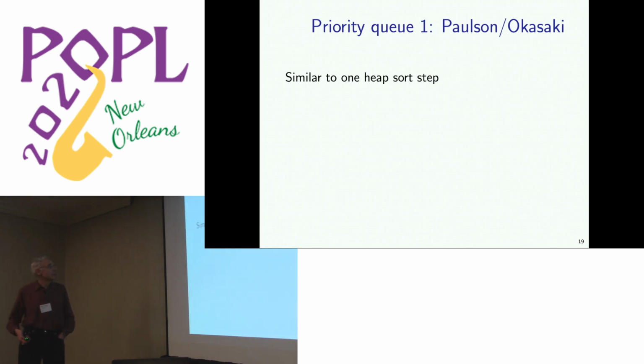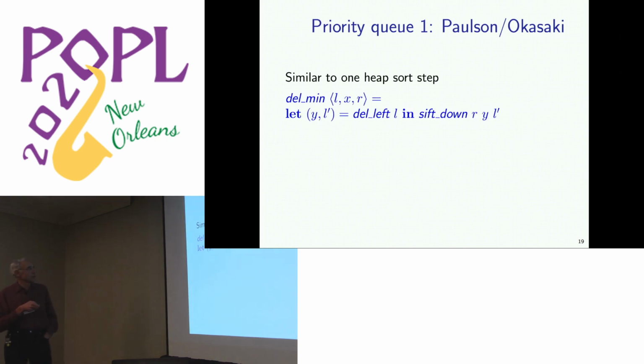The del-min function is similar to one step in the heap sort algorithm, and it looks like this. So you want to remove the x here from a node L X R. So of course then you have to, in the end, create a new tree. You have to replace x by something, and since L is the possibly bigger subtree, you remove an element from L, namely the leftmost element. That's what you do here.